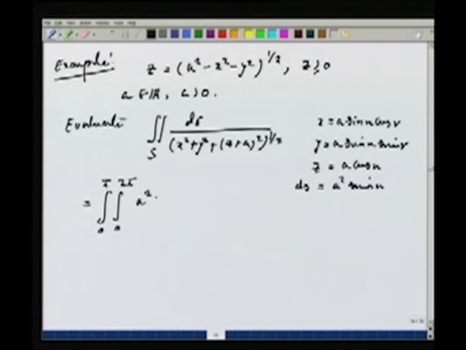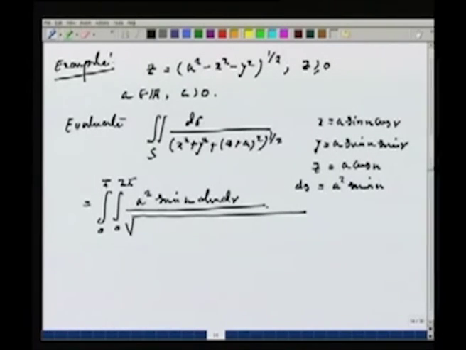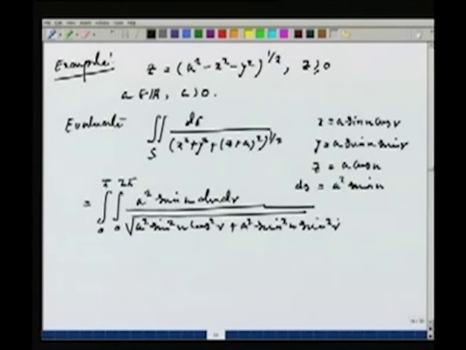I get a square sin u du dv, that divided by square root of a square sin square u cos square v plus a square sin square u sin square v plus (a cos u plus a) whole square.